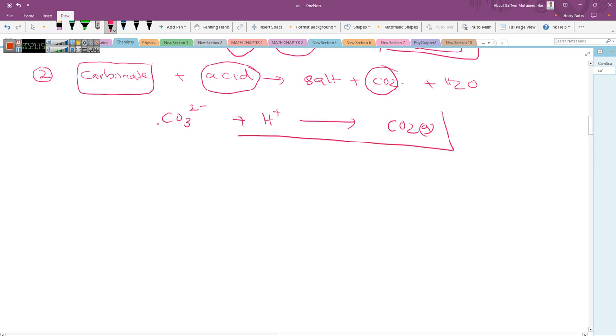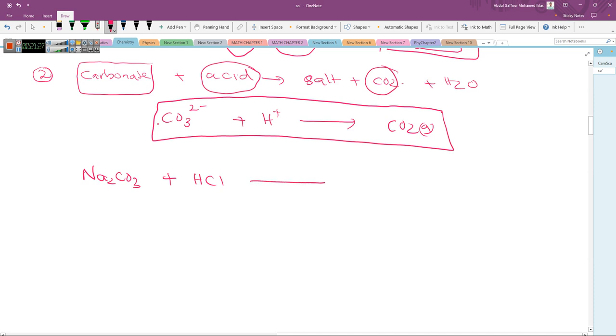So I told you to remember this, right? Now if I take an example, let's say I take sodium carbonate, Na2CO3, and I put HCl, what will happen? Here we have Na plus and CO3 2 minus, and HCl can dissociate as H plus and Cl minus.